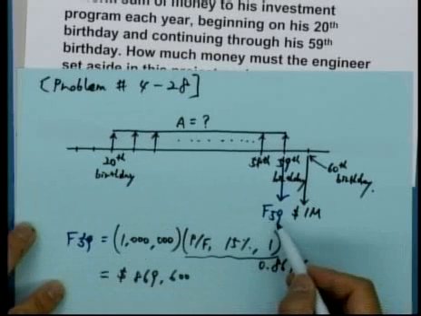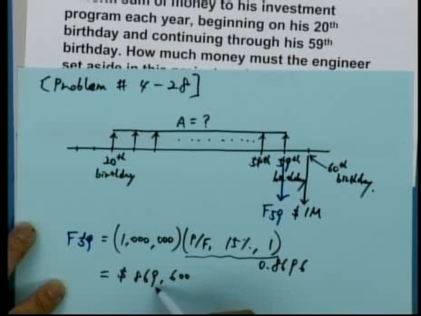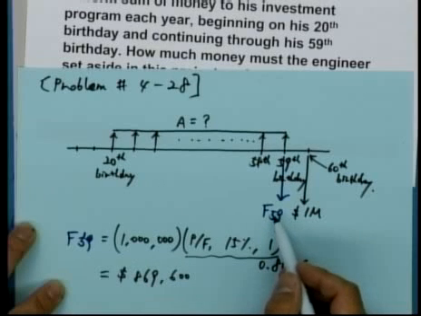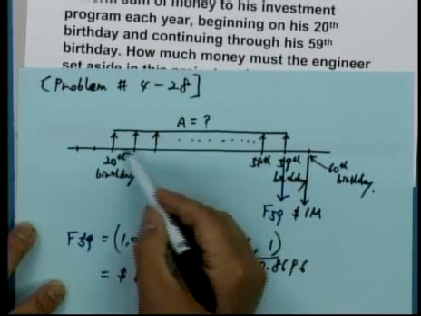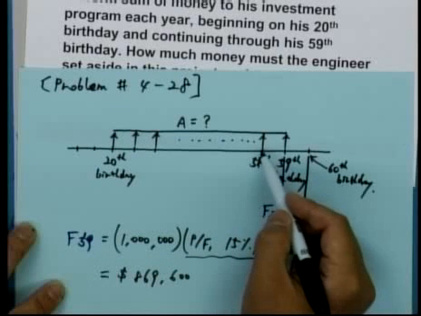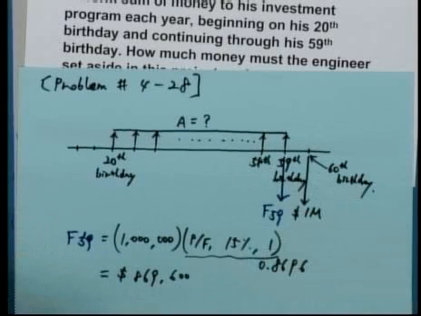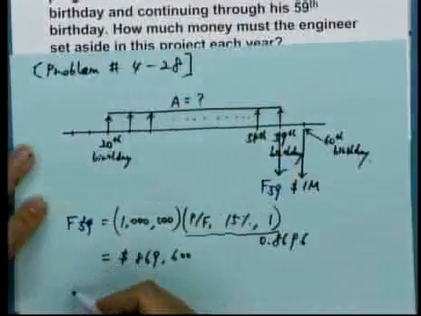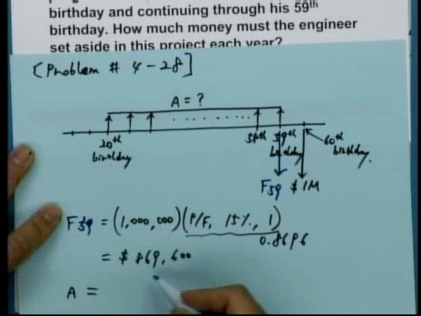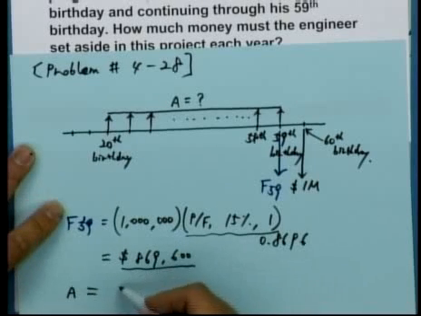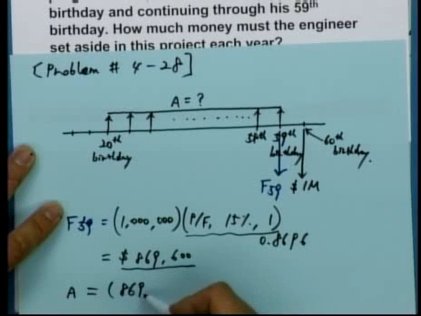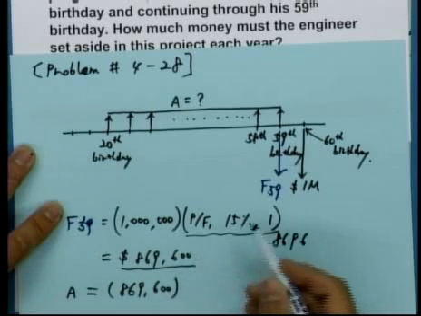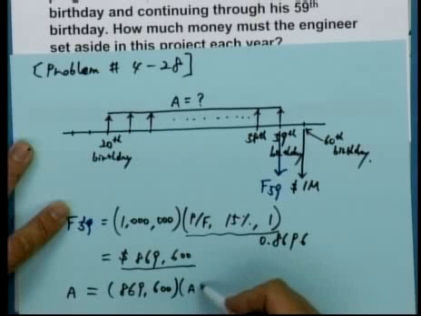So F sub 59 is $869,600, and this amount of money can be converted to an equivalent uniform series of A. Is that right? So here A is going to be this amount of money, 869,600 times A given F, right?